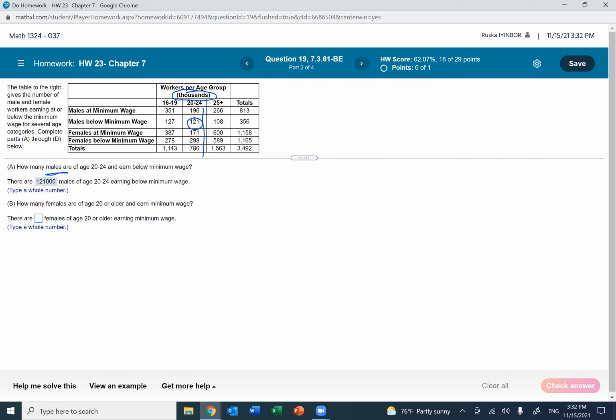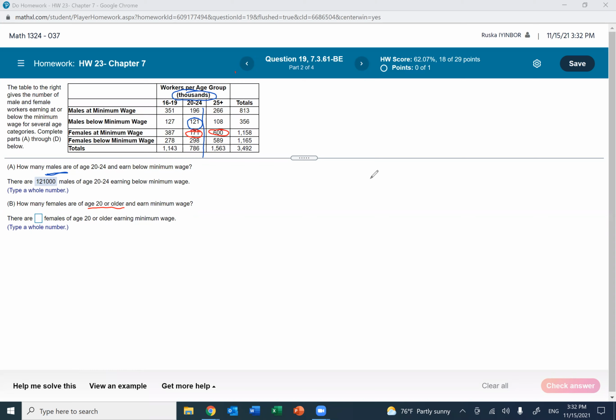So the next one is how many females of age 20 or older at minimum wage. So females, it's going to be this one plus this one, right?